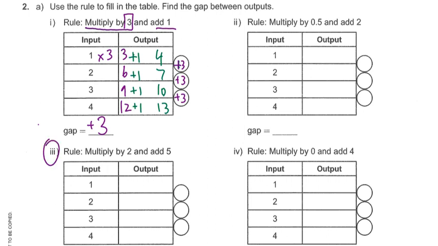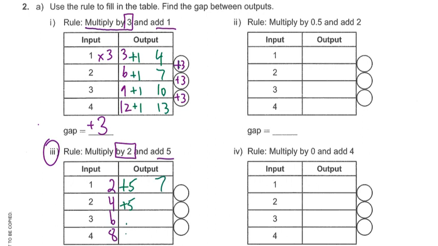Let's try this one here. Multiply by 2 and add 5. So multiplying by 2 for each of these, I would have 2, 4, 6, 8. And now I'm going to add 5 for each of them. So plus 5 for each of those. And what do we get?